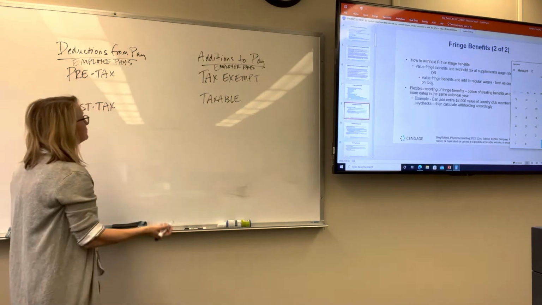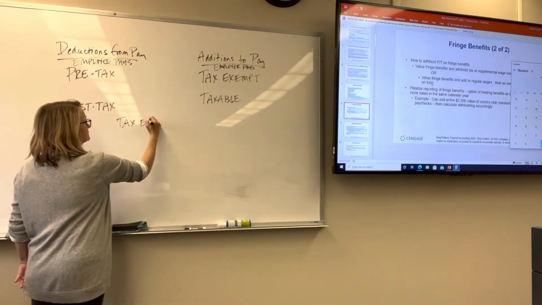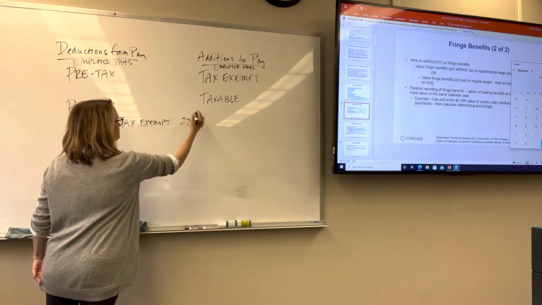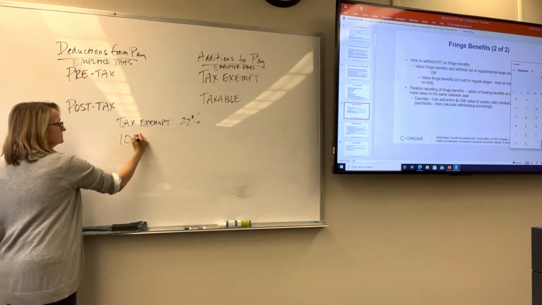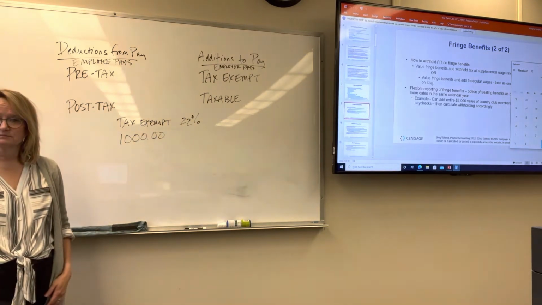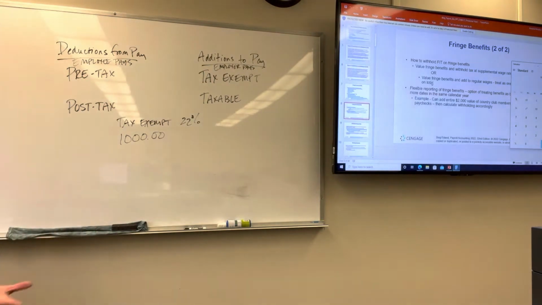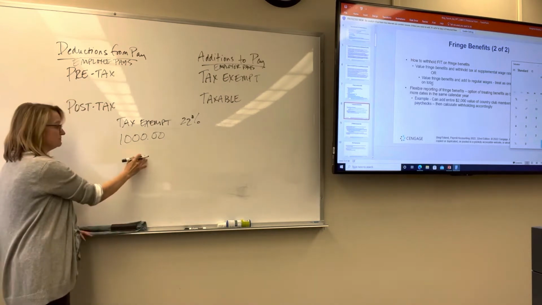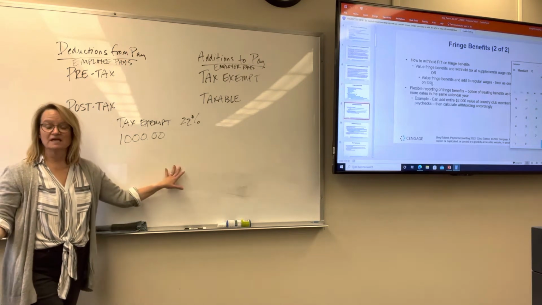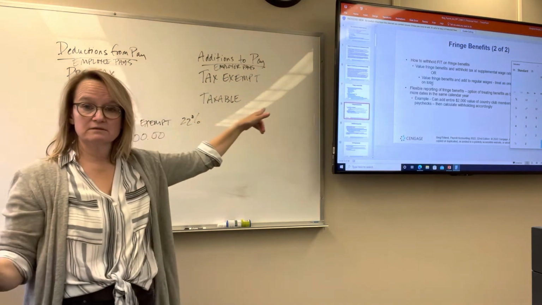Okay, so let's just say we have a tax exempt benefit, and we're using a 22% tax rate, $1,000 gross pay. Let's say we have a $200 benefit. Somehow the employer is providing something to the employee that is worth $200. When it's tax exempt, we're not going to add that $200. Health insurance is a good example of a tax exempt benefit.